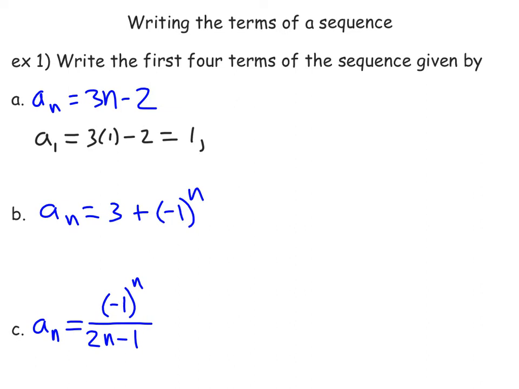All right. A sub 2, I put in 2 for n, and I do 2 times 3, which is 6, minus 2 is 4. To get the third term of the sequence, I put in 3, and I get 7. And a sub 4 is 10.